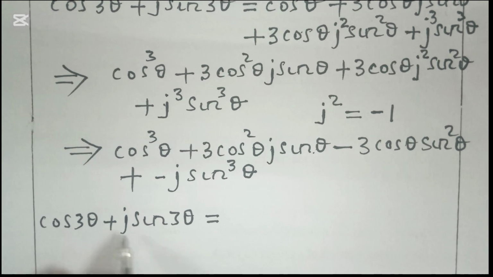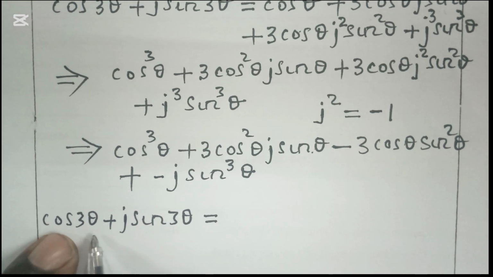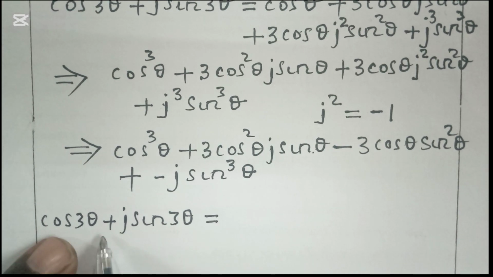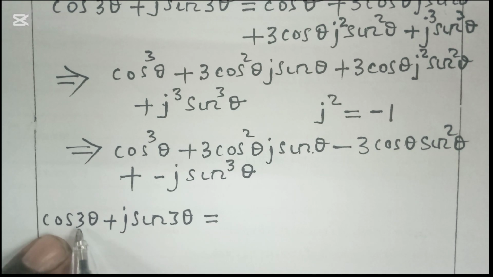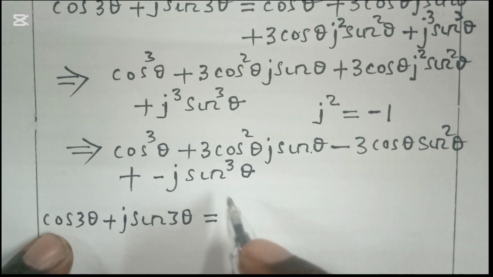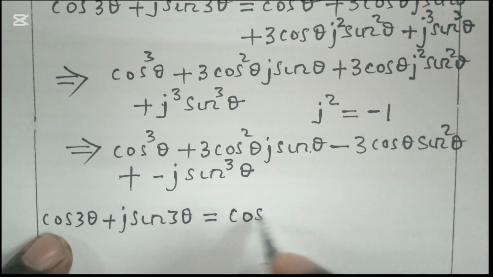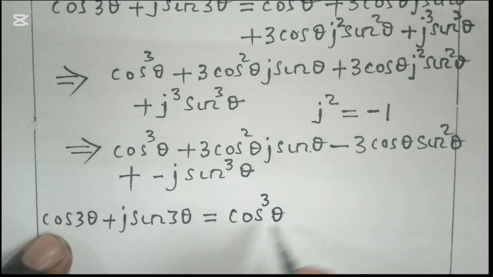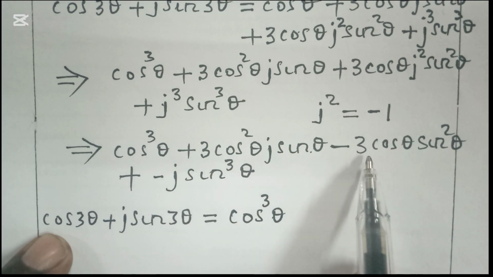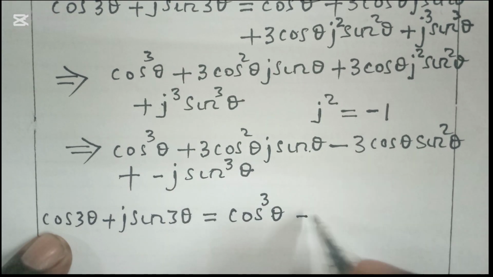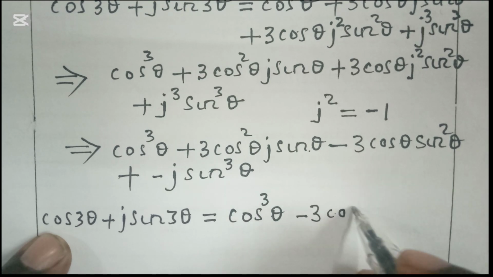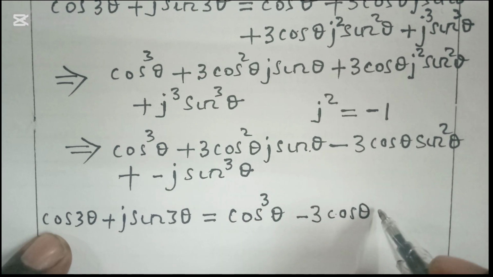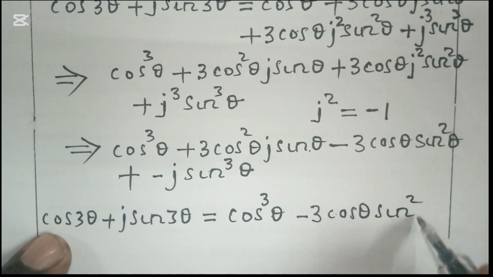First I write the real numbers: we have cos cubed theta, then negative 3 cos theta sine squared theta.